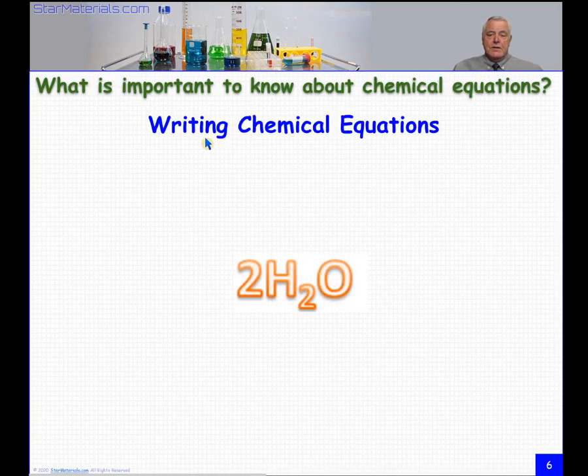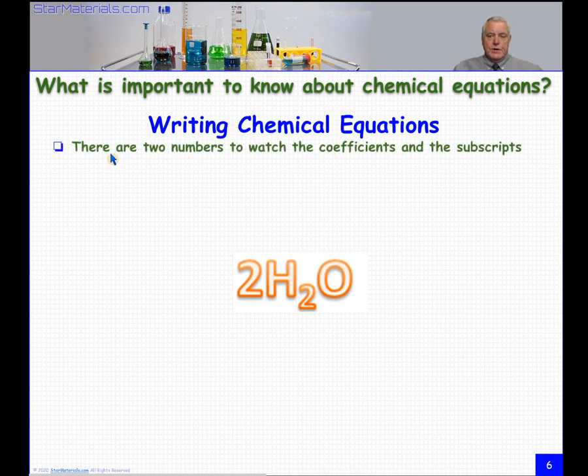Okay, here's how we write chemical equations. There are two numbers to watch, the coefficients and the subscripts. Coefficients come before. Subscripts are the smaller ones that are under. Sub meaning below, like submarine, underwater.